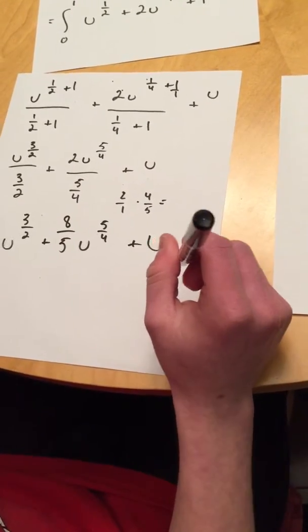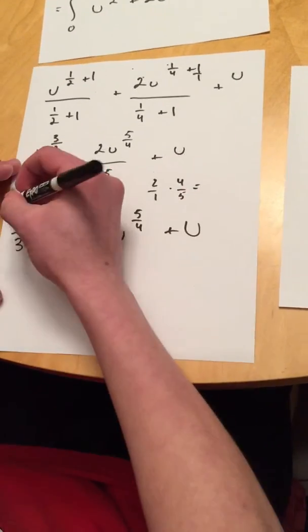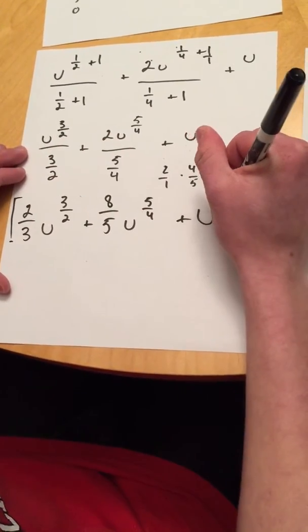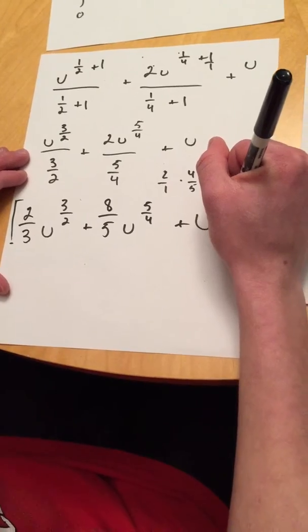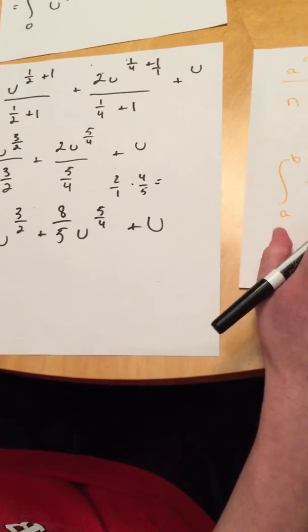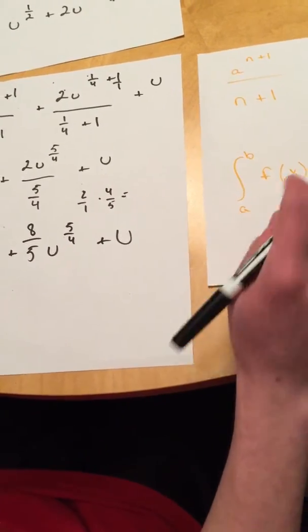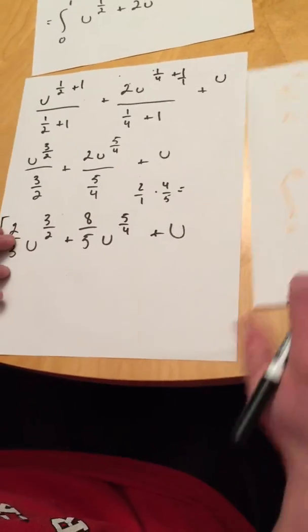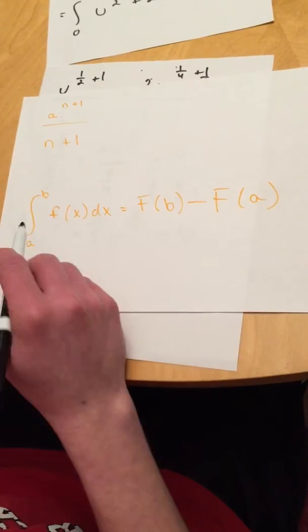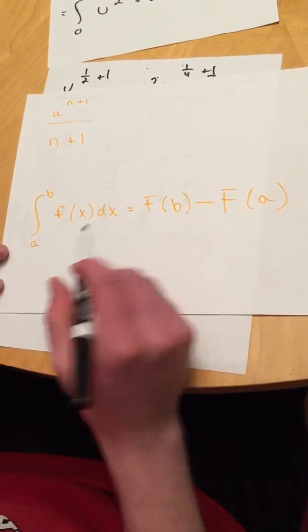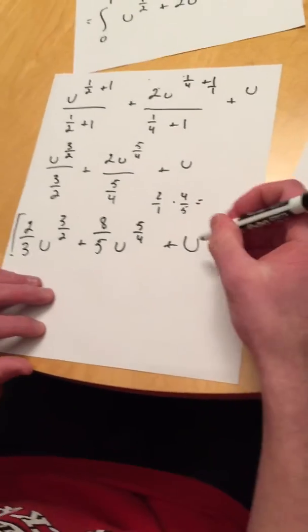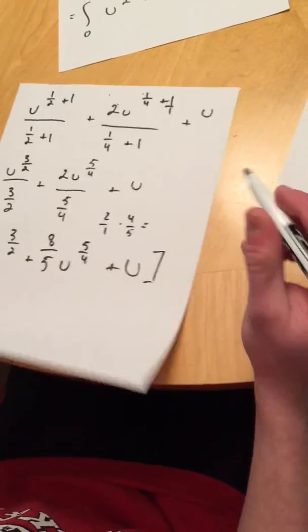So now what we want to do is use the fundamental theorem of calculus, which is the function with b plugged into it, minus the function with a plugged into it. So I'm going to start this on this page.